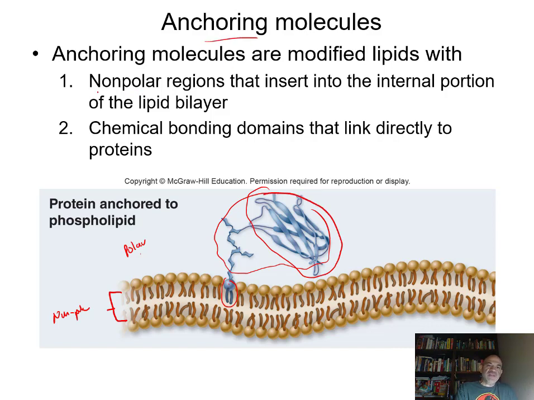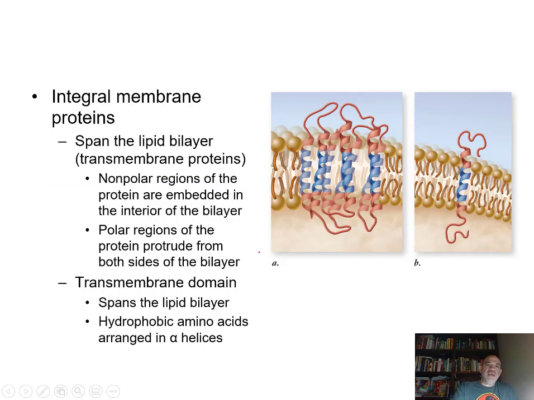So the anchoring molecule is going to have that nonpolar region, that part right there that sits within there. And then it'll have some sort of bonding domain to it, right about there, that binds to the rest of your protein. And so now we move on to these integral proteins. Integral just means it's at least part of the way into the membrane.